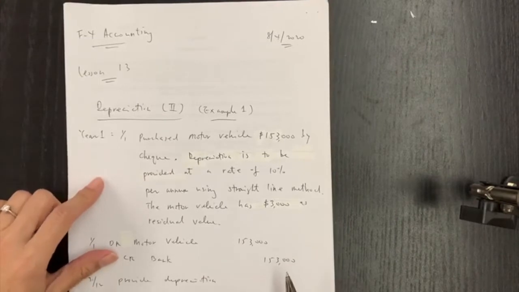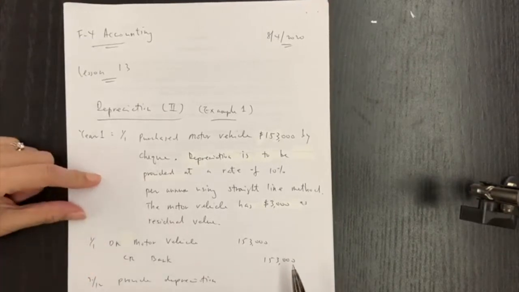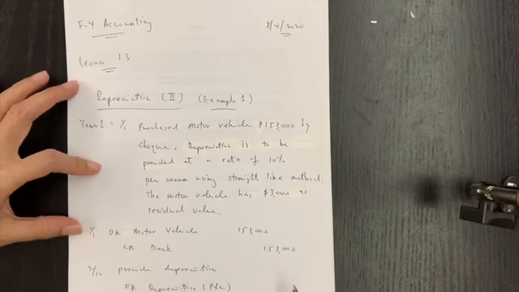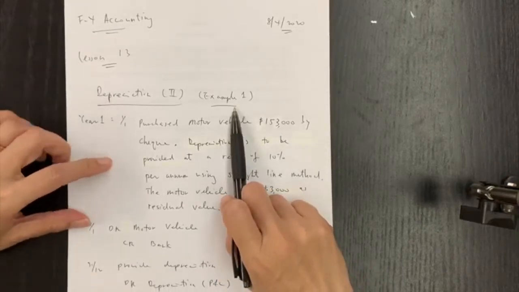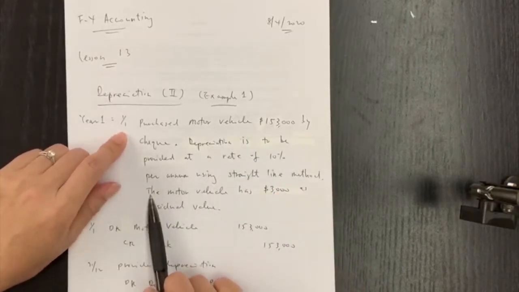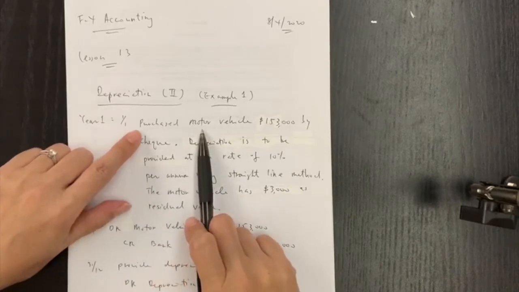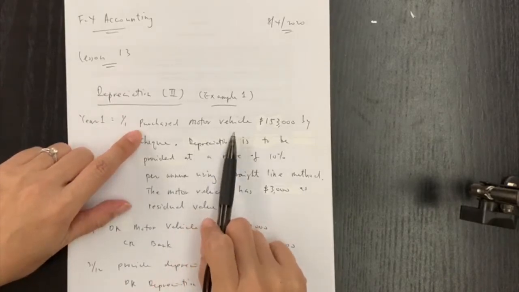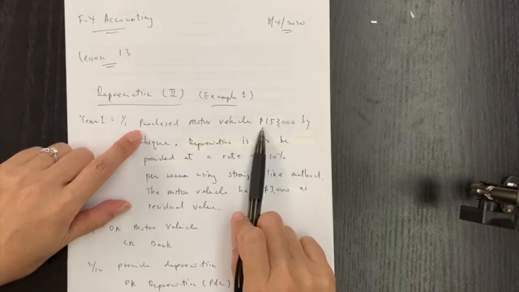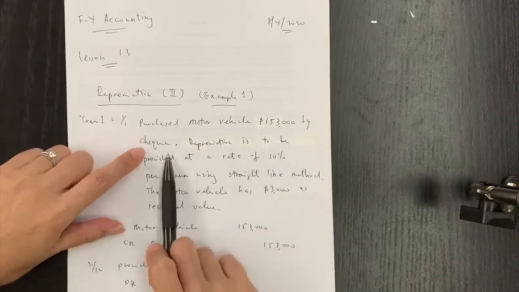Okay, so we will look at some of the examples about depreciation. And here is the first example. Let's say at the beginning of year 1, we purchased this motor vehicle at the cost of 153,000, and then we pay by check.